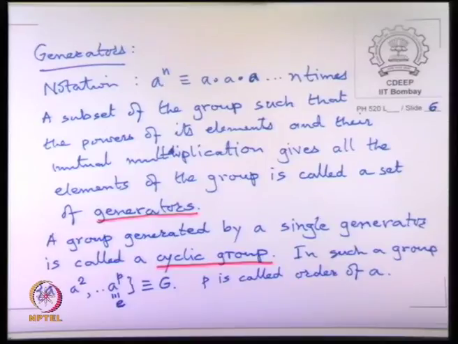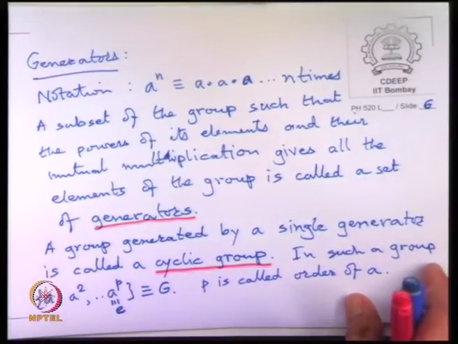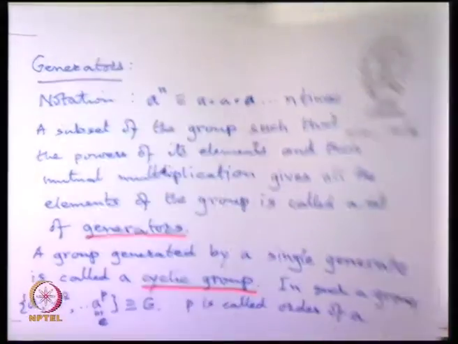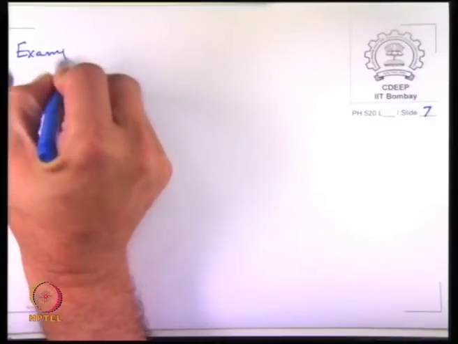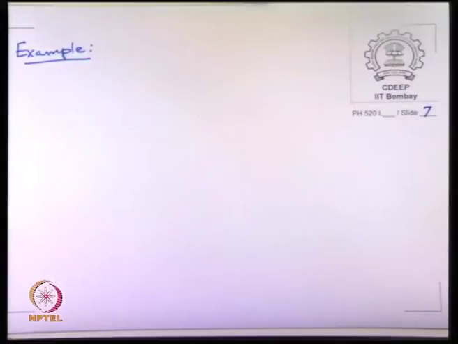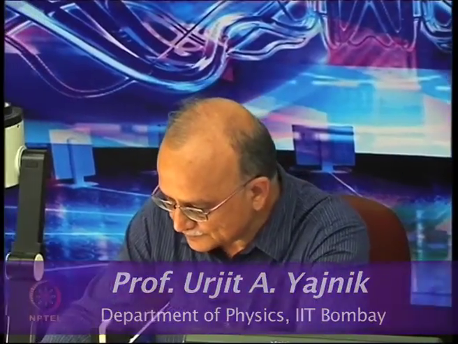Now we see one other example of a group. Just to complete this part, we can see a very common example of cyclic groups: the pth roots of unity. You say x to the power p equals 1.